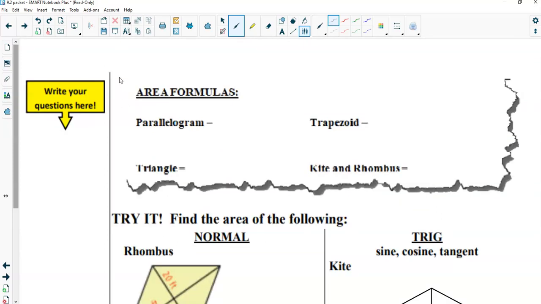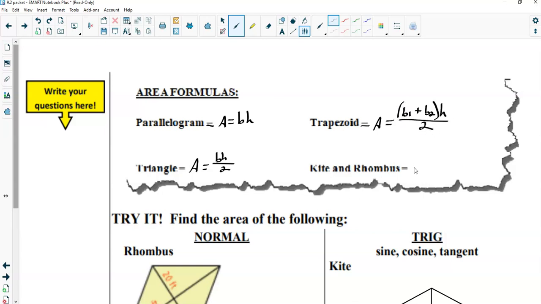Let's take a look at what we've learned so far. Parallelogram, the area equals base times height. In a triangle, the area equals base times height divided by 2. In a trapezoid, the area equals base 1 plus base 2 times the height divided by 2.